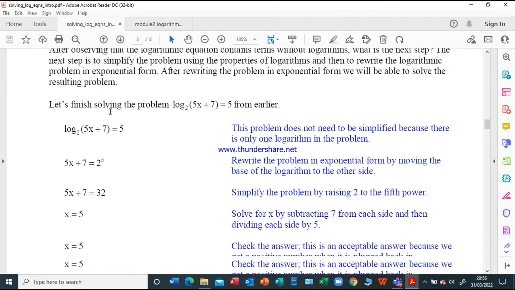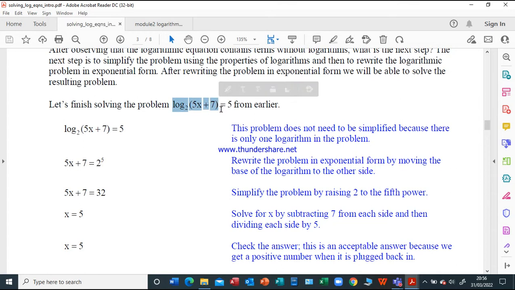We are going to solve, for example, the question says solve log base 2 of 5x plus 7 is equal to 5. So you see, the logs are on one side, the right hand side is a number.